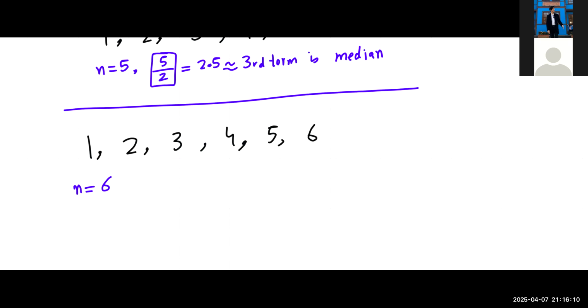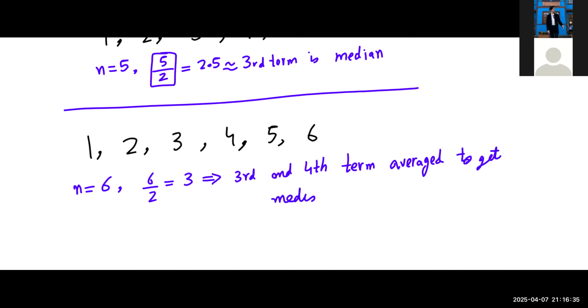Just like last time, take your total number of terms, divide it by 2, you get 3. Okay? That means in this case that your third and fourth term need to be averaged, to get the median.